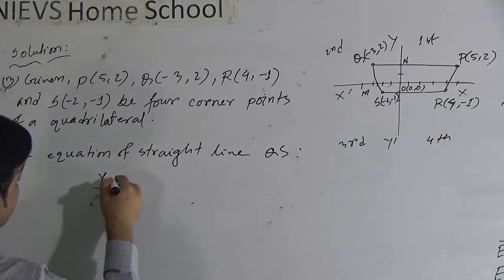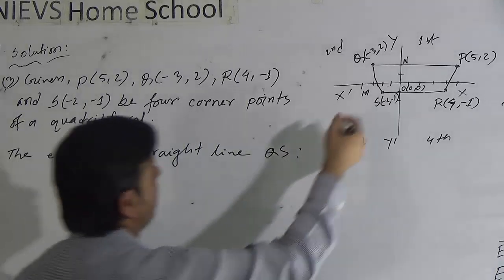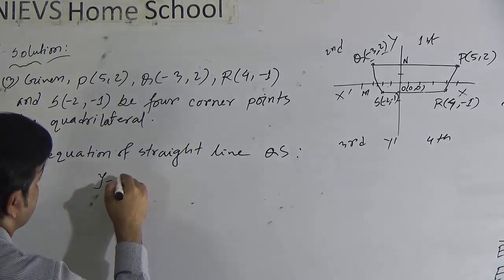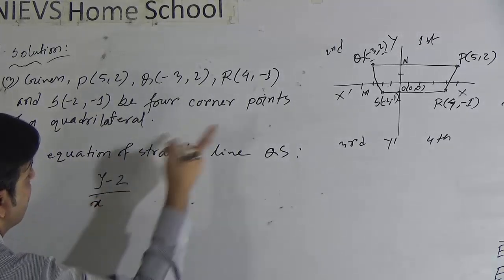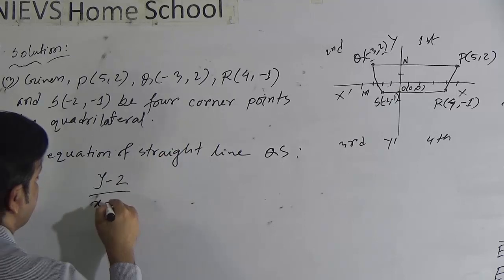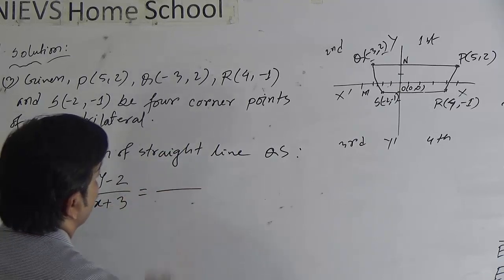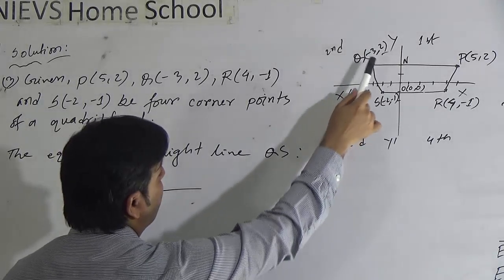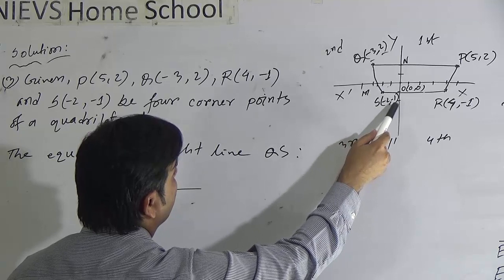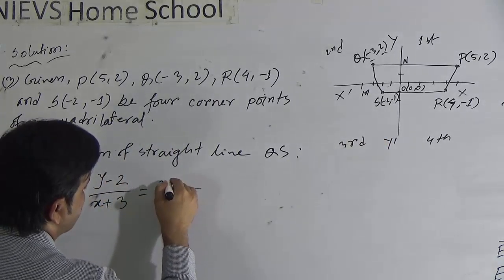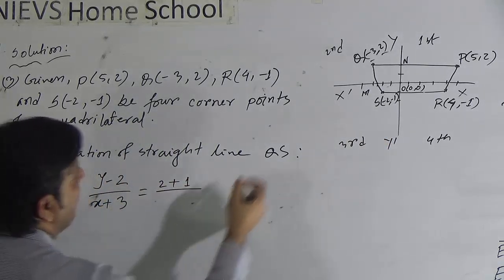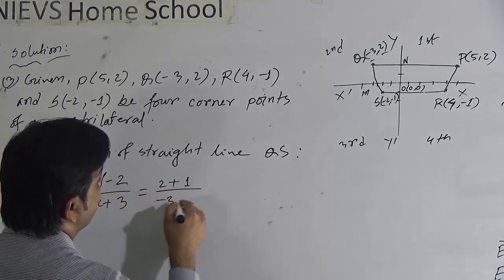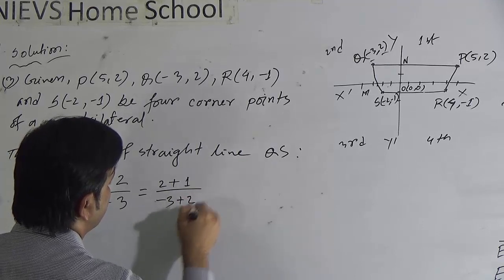Here y1 means 2 and x1 means minus 3, so that is (y minus 2) by (x minus of minus 3, means x plus 3), that is equal to y1 minus y2, y1 is 2, y2 is minus 1, 2 minus minus 1 means plus 3, and x1 minus x2, minus 3 minus minus 2 means minus 1.